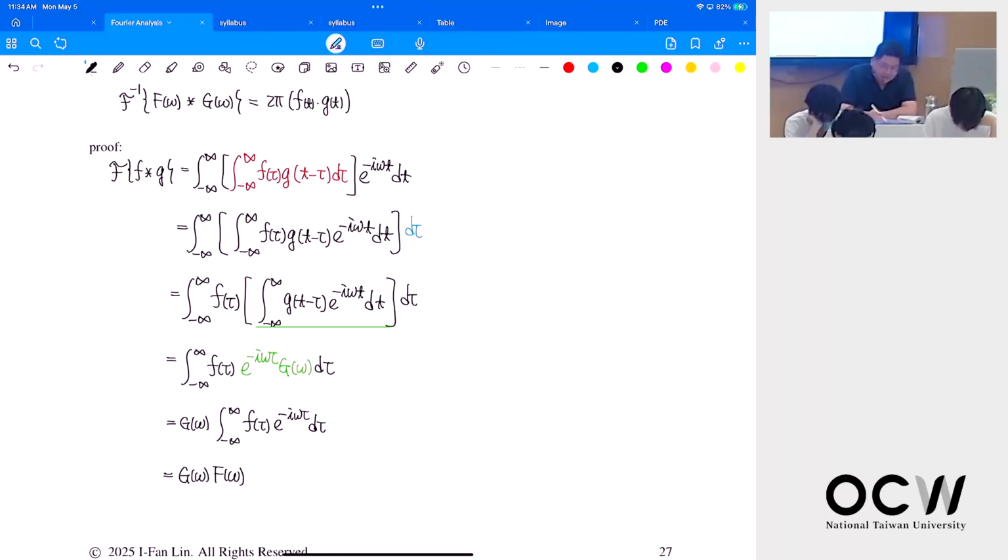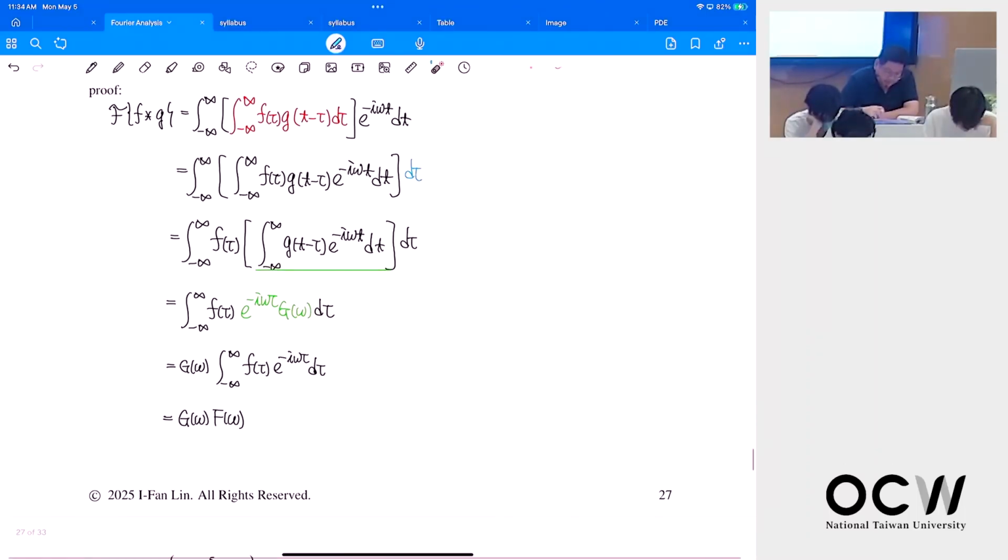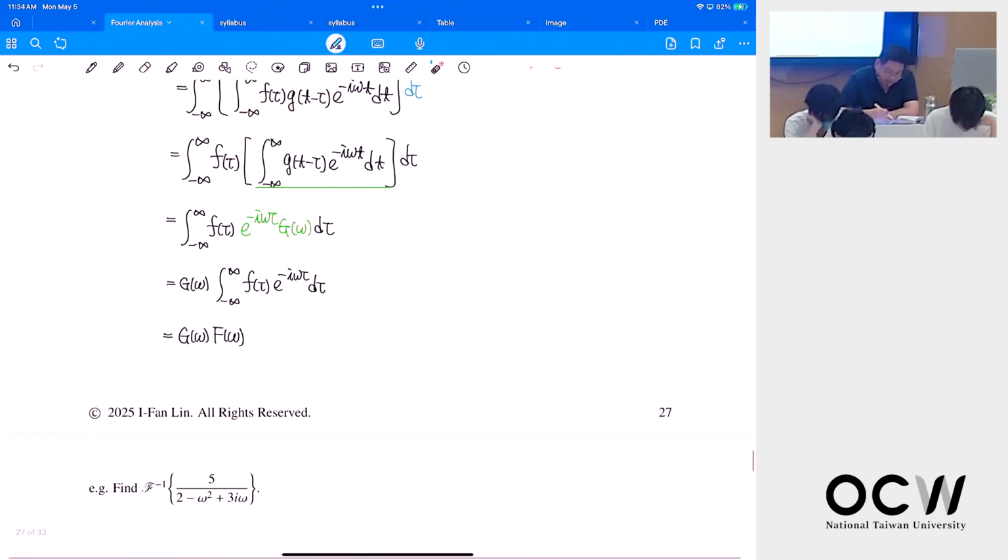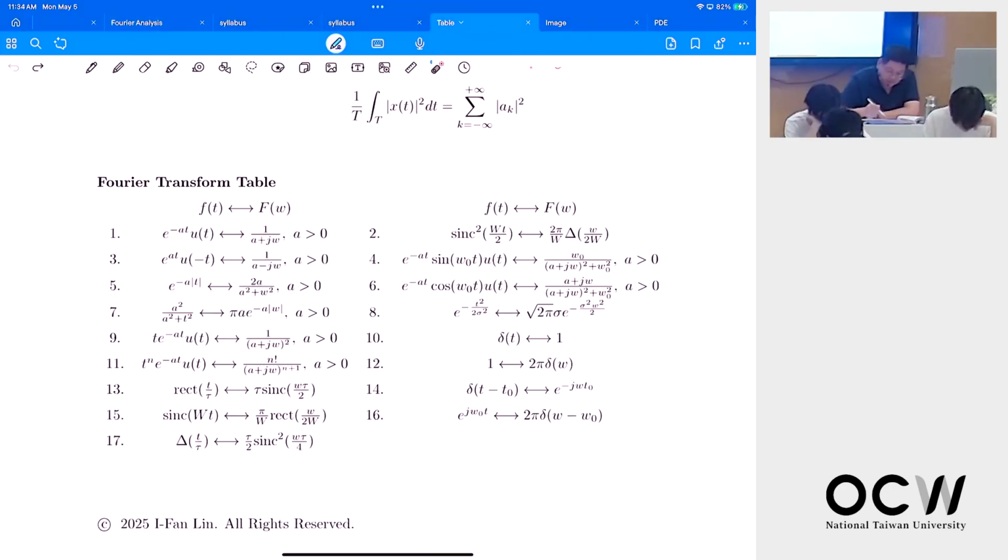Right, let's see this example. I want to find the inverse Fourier transform. Okay, so for inverse Fourier transform, every time we just check the table first. We have 5 over 2 minus omega squared plus 3i omega.